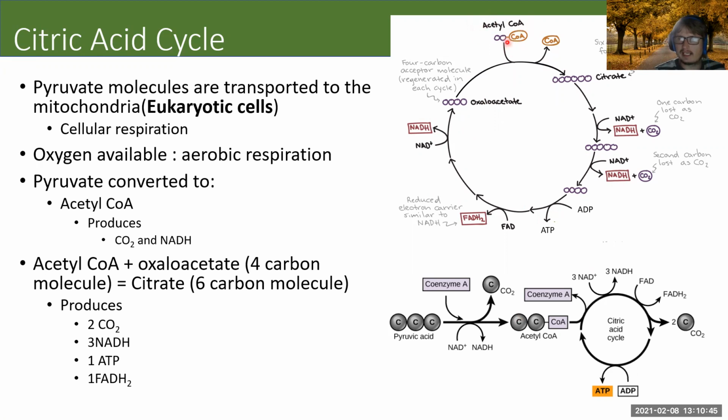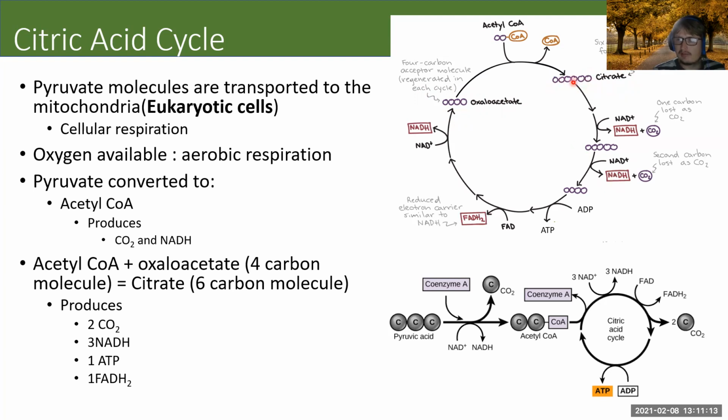and it combines these 2 carbon molecules. The CoA is lost. Then these 2 carbon molecules will attach to this 4 carbon molecule here, the oxaloacetate. That turns it into citrate, which is a 6 carbon molecule.